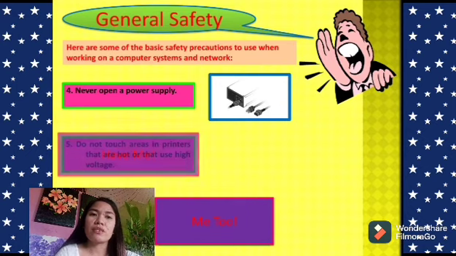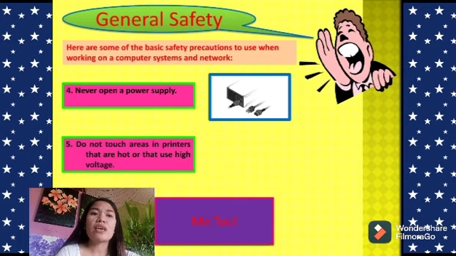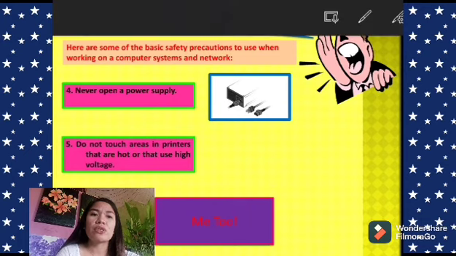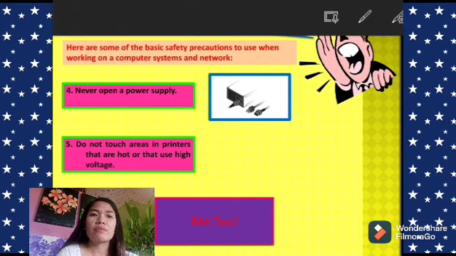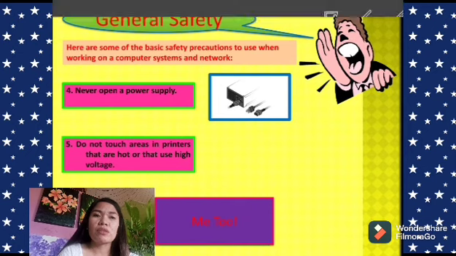Another thing is, do not touch areas in printers that are hot or that use high voltage. Because in doing so, you put yourselves at risk by being electrocuted, cuts, and being pinched by the printer.